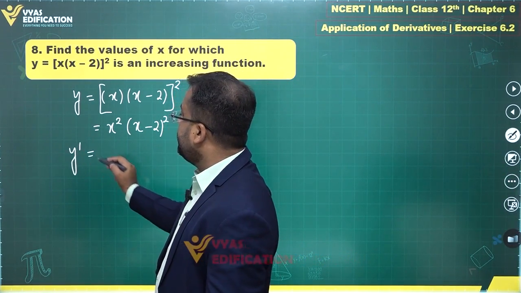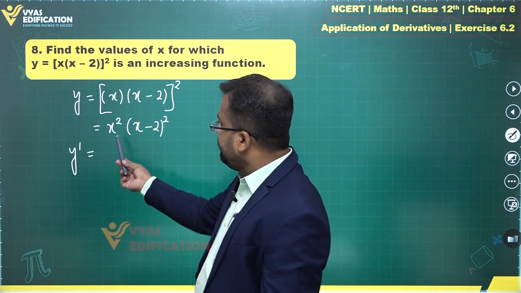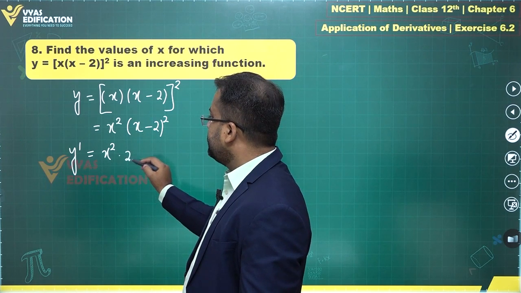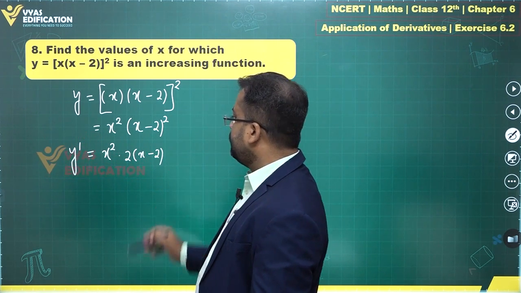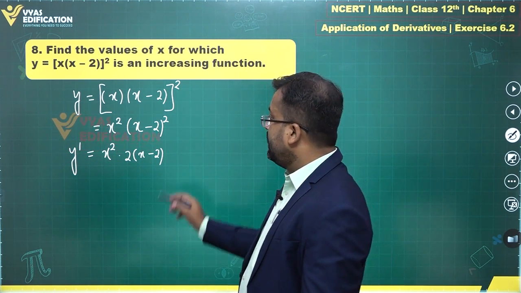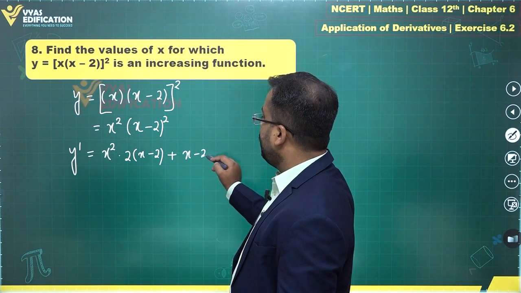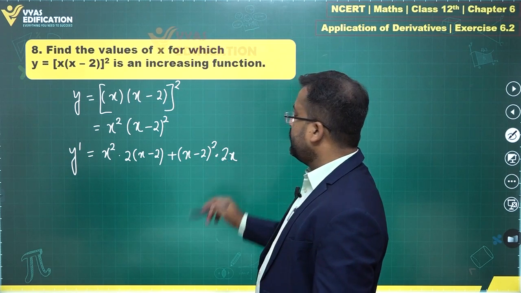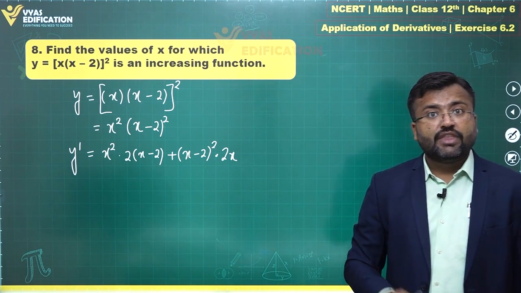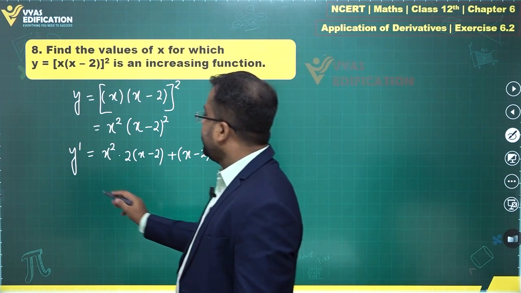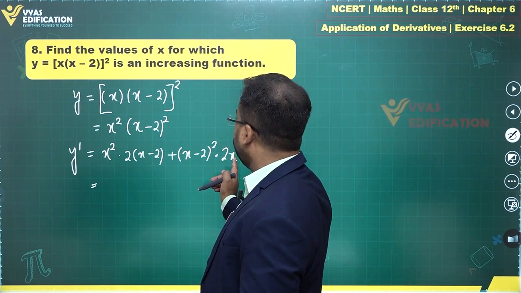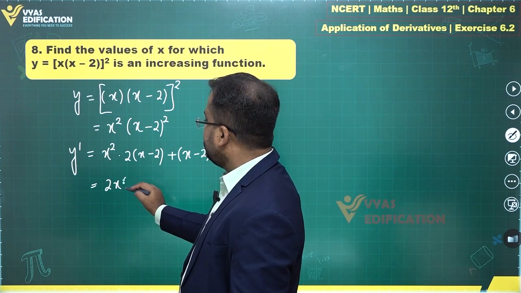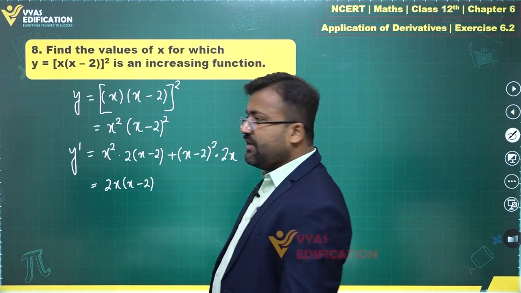Now let's find the derivative. y prime will be equal to what? We'll have to apply the product rule on this. The first function remains constant. Derivative of the second function will be 2 times (x minus 2). x minus 2 derivative is 1. Plus (x minus 2) whole square remains as it is. Derivative of x square is 2x. This is what I'll get. Is that okay? Yes. Once we are through with this, can we factorize this further? There's a factor of 2. There's x minus 2, x minus 2. So 2 times (x minus 2) will come out common.